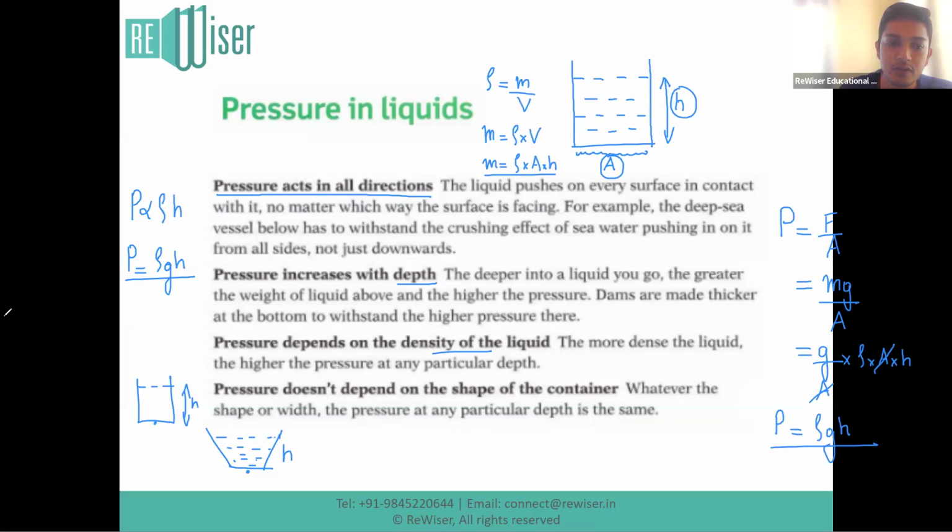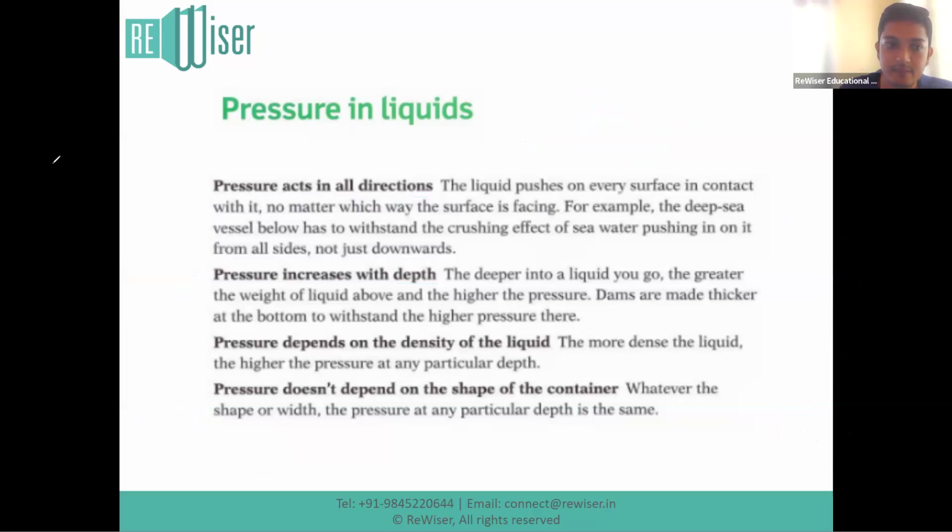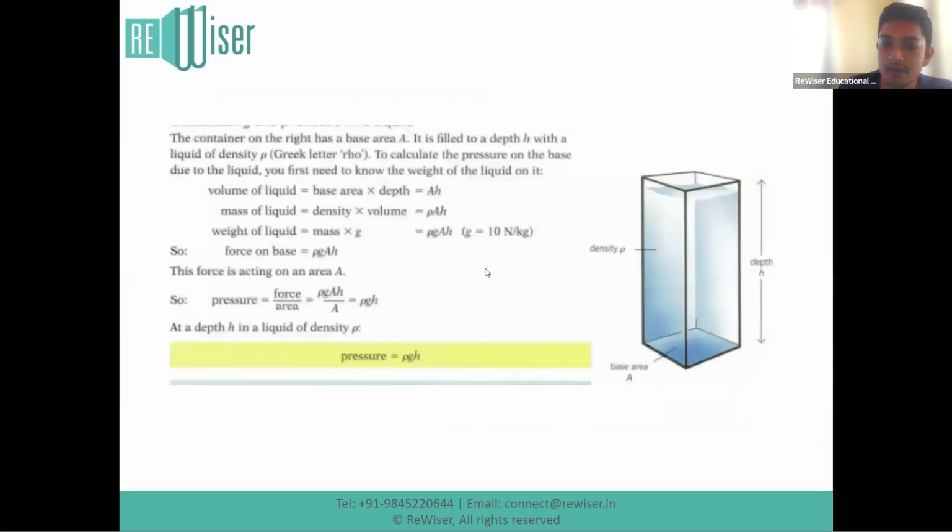Please make sure to understand this. Here's an example of pressure P equals rho g h being derived using the same context that I provided. I'll leave this on the screen for a minute for you to go through.